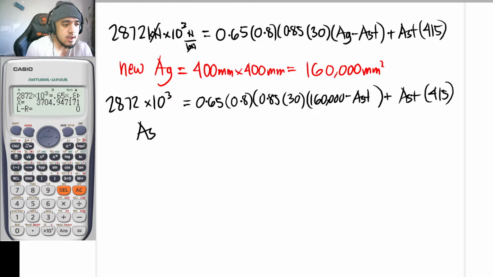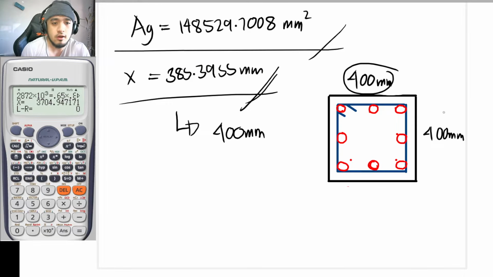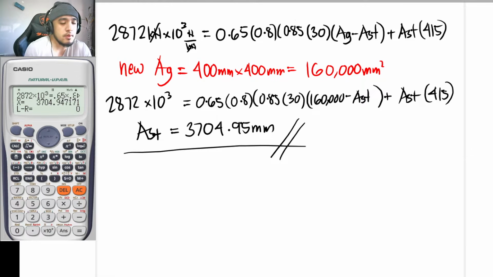So our AST is now equal to 3,704.95 millimeters squared. So this is now the required steel area for my particular column. Okay, so the next thing that we will be doing here is solving for the number of rebars.